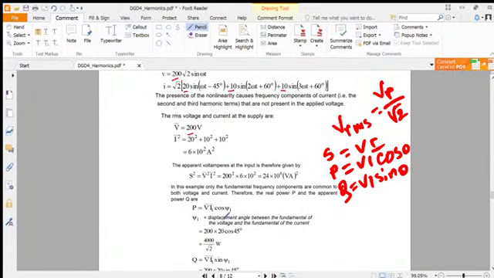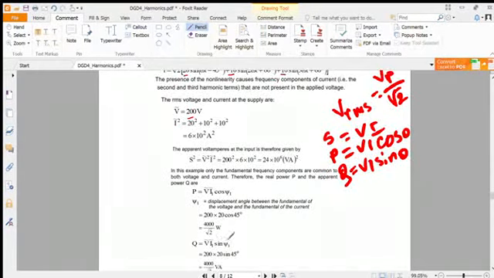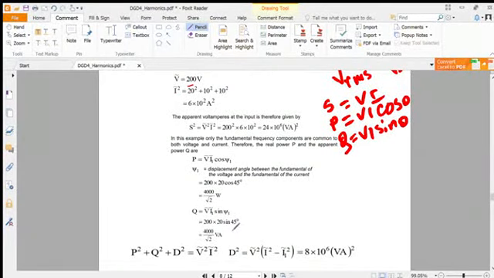So now the RMS voltage value is 200, and I1 is 20, and cos psi1 is the cos of 45 degrees here, so you get this value, and Q equals VI sin theta. We know cos 45 and sin 45 are 1 by root 2.